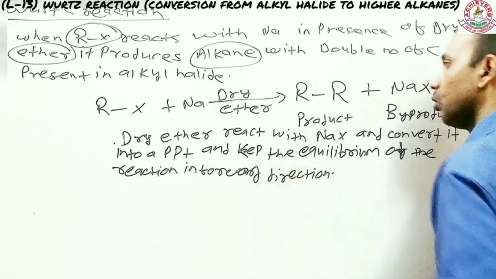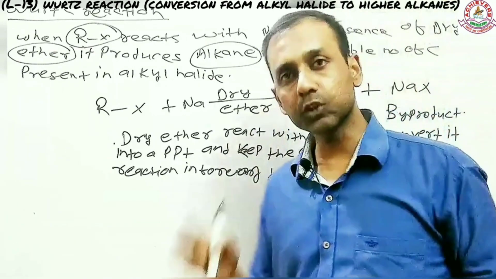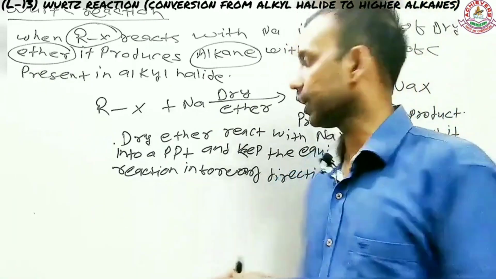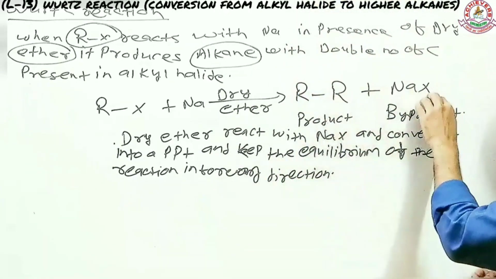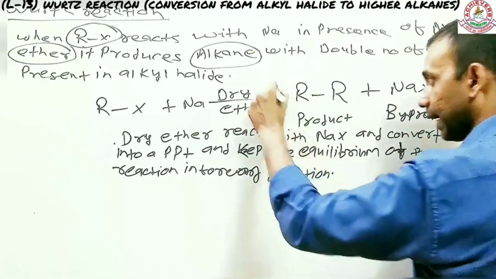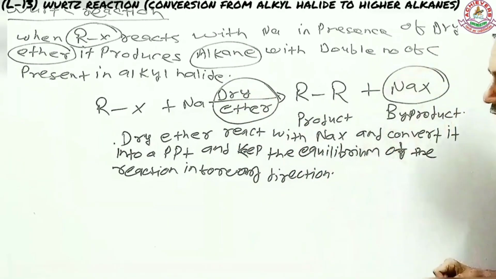So let me repeat the whole thing, because this is what Wurtz reaction is. The dry ether is useful in keeping the reaction equilibrium in forward direction so that more and more alkane can be produced. So this is actually used in removing sodium halide. I repeat, dry ether actually helps in removing the sodium halide from the system, and that's how it's going to be useful here.